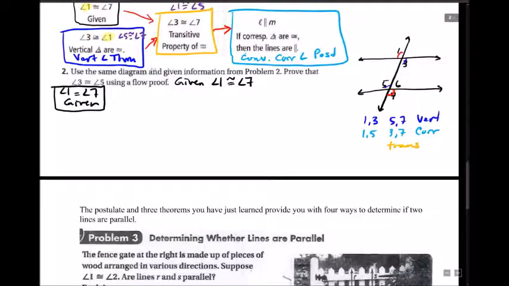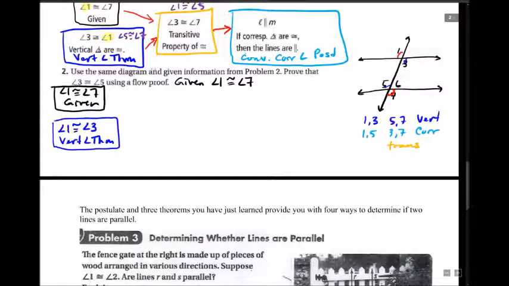I am just going to go with angle 1 is congruent to angle 3. And that's just the vertical angle theorem. Okay, so there's that one.